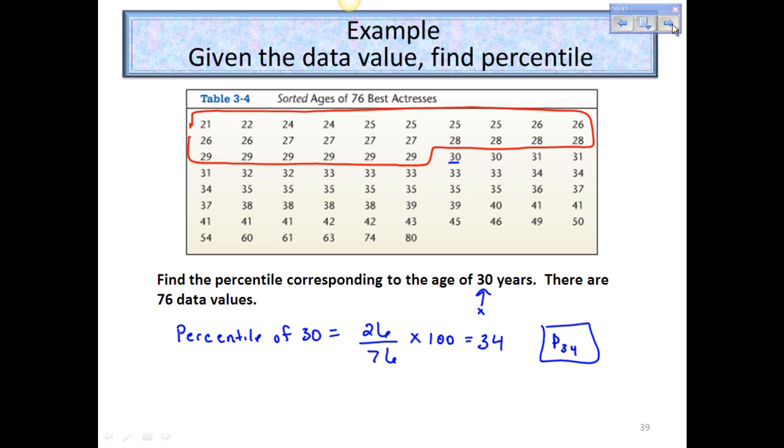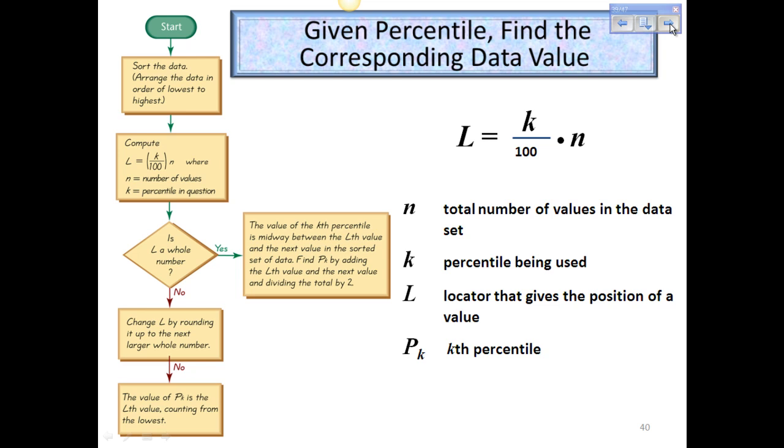Now, what if you're given the percentile and asked to find the corresponding data value? If that's the case, you first have to locate the data value. So L here is for locator. That gives you the position of the data value. It does not give you the actual data value.